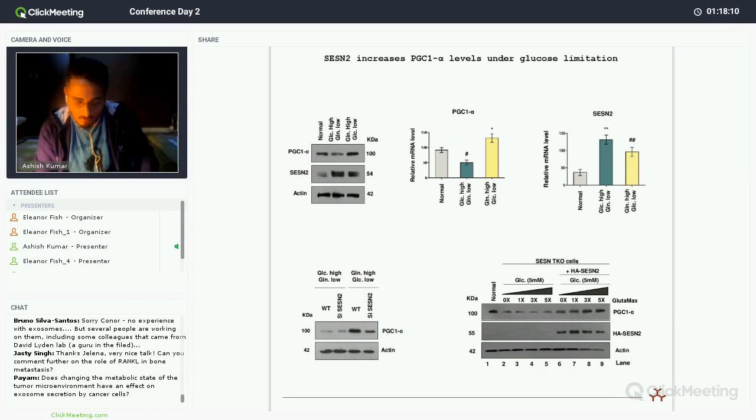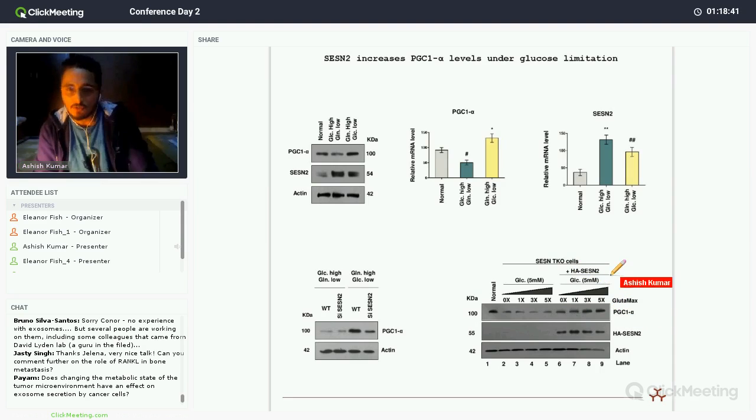To figure out further whether Sestrin2 is specifically involved in the process or not, we used a triple knockout cell line where the 3 isoforms of human Sestrin 1, 2, and 3 were knocked out, and specifically we reintroduced Sestrin2 under low glucose condition, and we simultaneously increased the concentration of glutamine, and we found that there was an increase in PGC1 alpha levels, specifically under the condition where we have re-expressed Sestrin2.